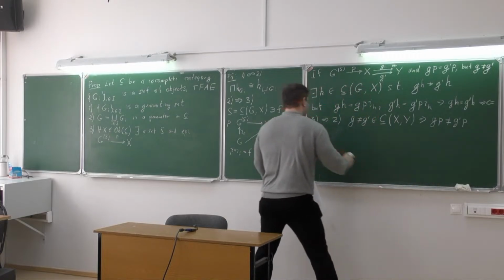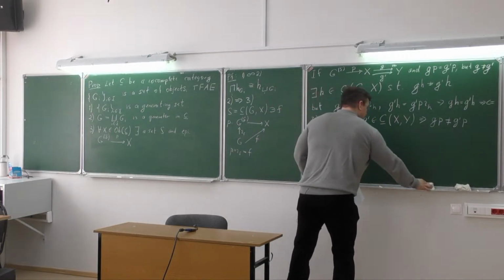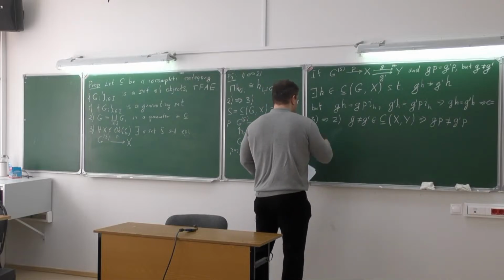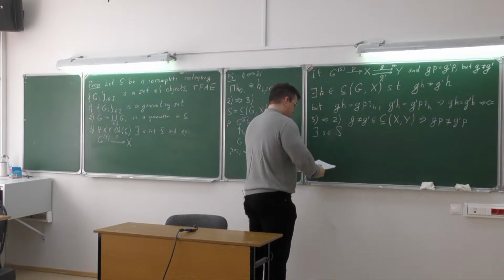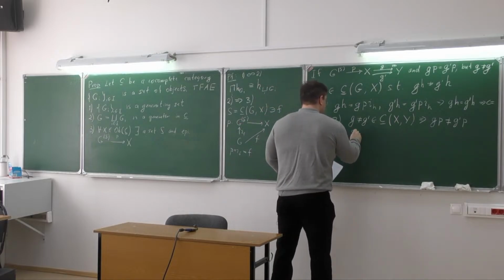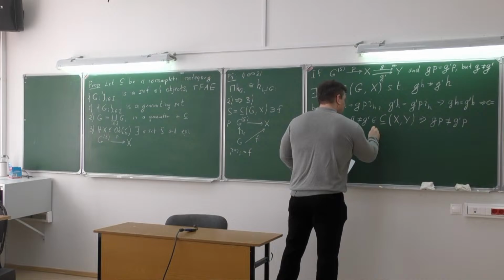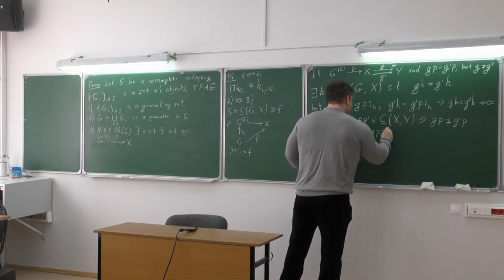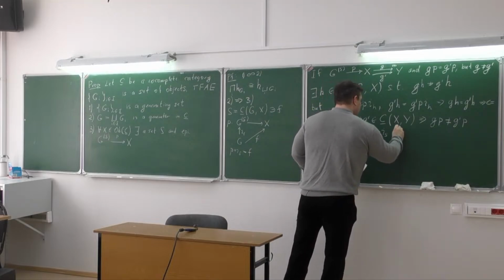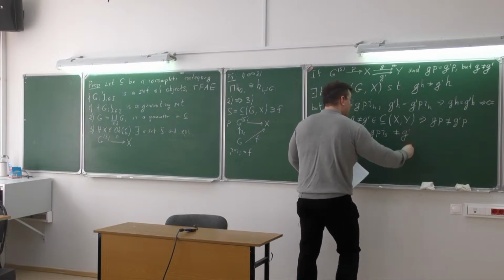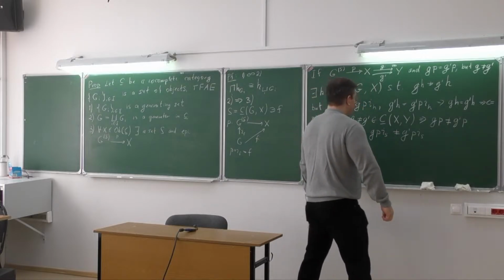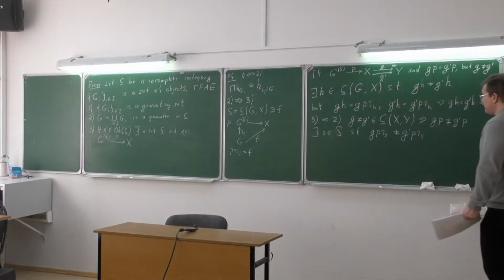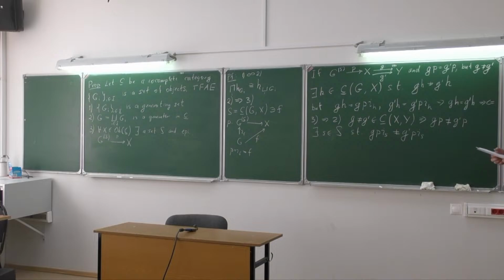I can say that there is at least one index, so there is little s in the set large S, such that GPIS is not equal to the G prime PIS. If the maps are different, there is at least one component where these maps are different, right?